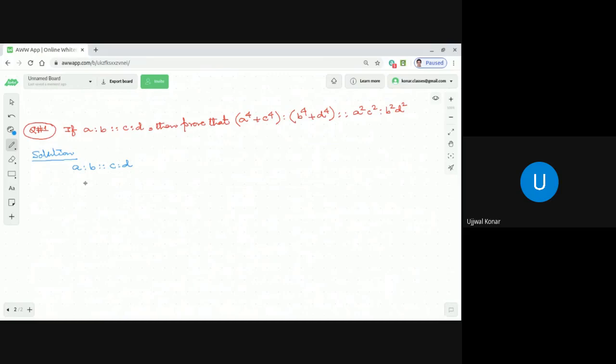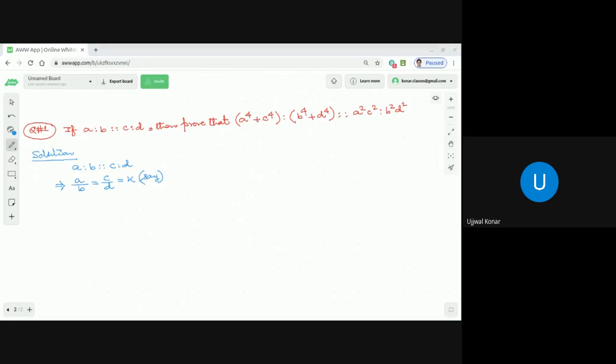So from here what you can say? A by B is equal to C by D. And then let's assume this is equal to K. K is a real constant.